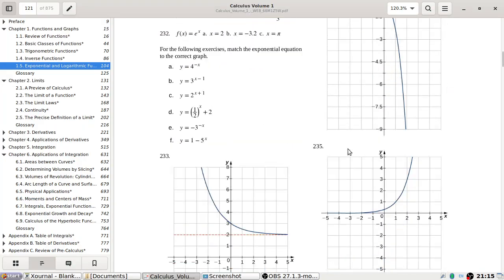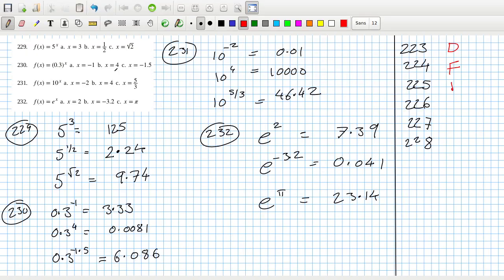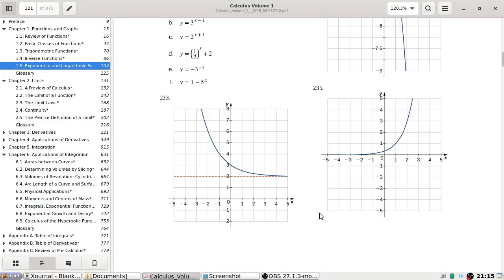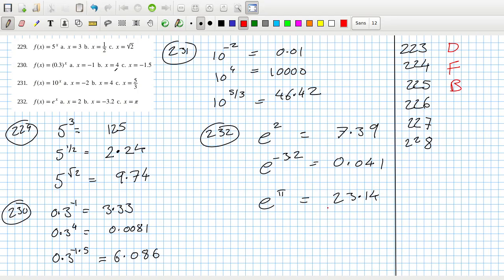Okay. That's a regular, boring, old positive power, and when x is 1, we get 1, so it looks like it could be B. Okay. Why did I write 2?